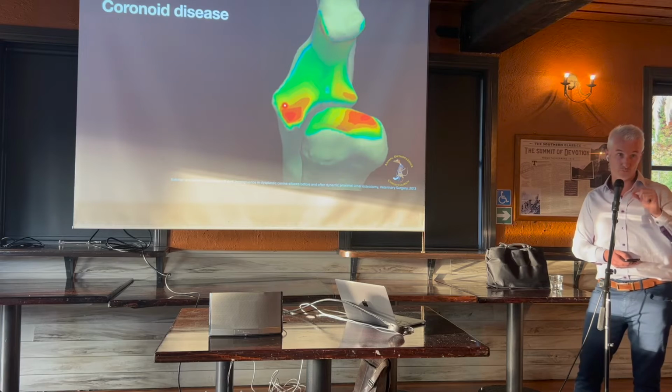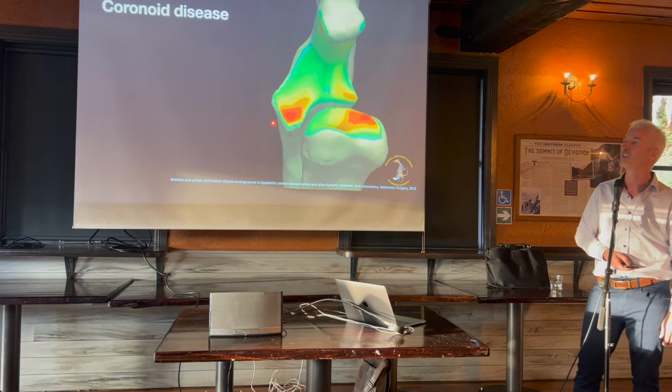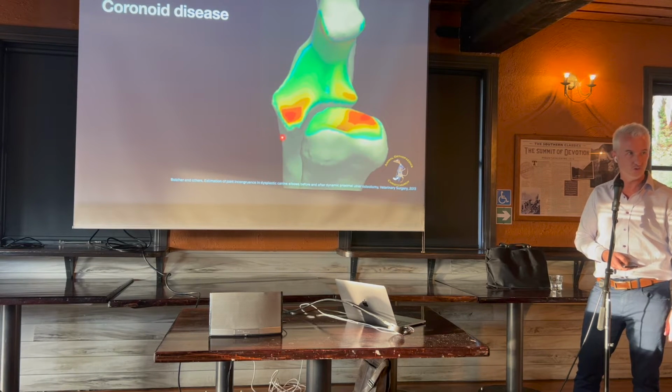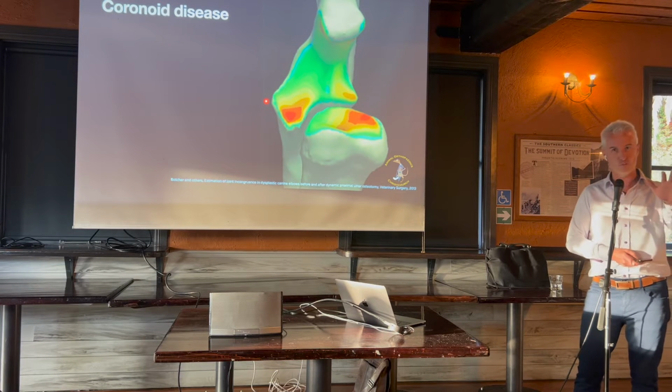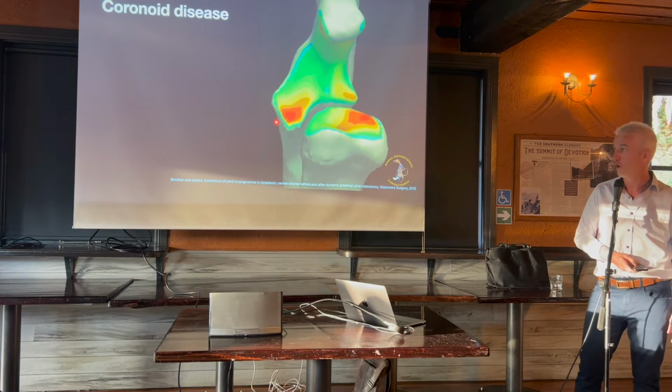Obviously a smaller gap means that there's incongruity. They found that all of these dogs had increased loading and reduced joint space at this coronoid process. So you can imagine all this dog's weight with each step sitting on this little protuberance of bone.